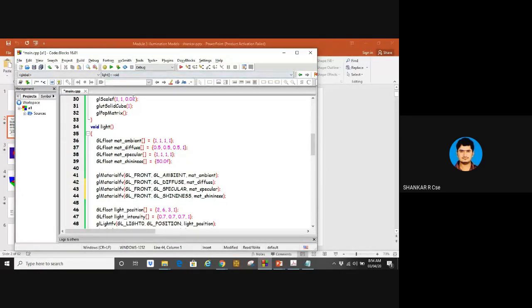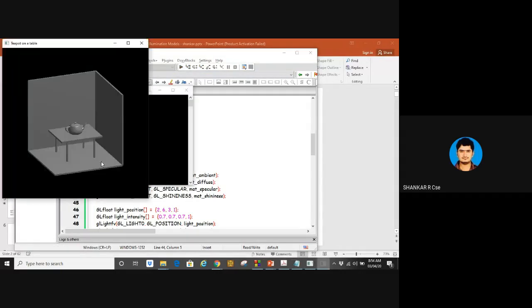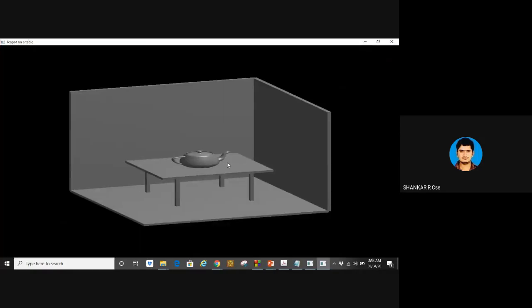Now uncomment all those and run it, and you will understand how an image looks natural. You can see here in the beaker, this is the specular part. You can see these parts and also the legs.